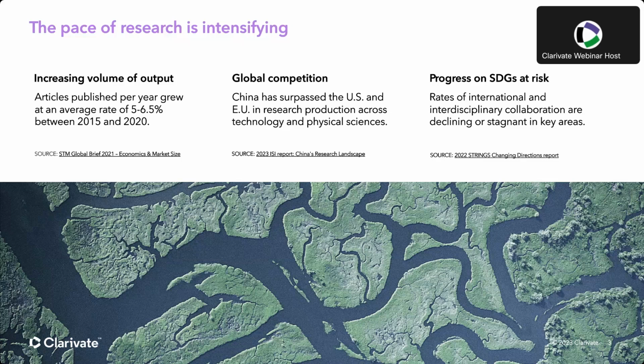There was in 2023, last year, a global research report by ISI, and that report focused on China's research landscape. And ISI analyzed their emerging research using the same methods that I will cover today that are used to develop the Horizon Navigator.